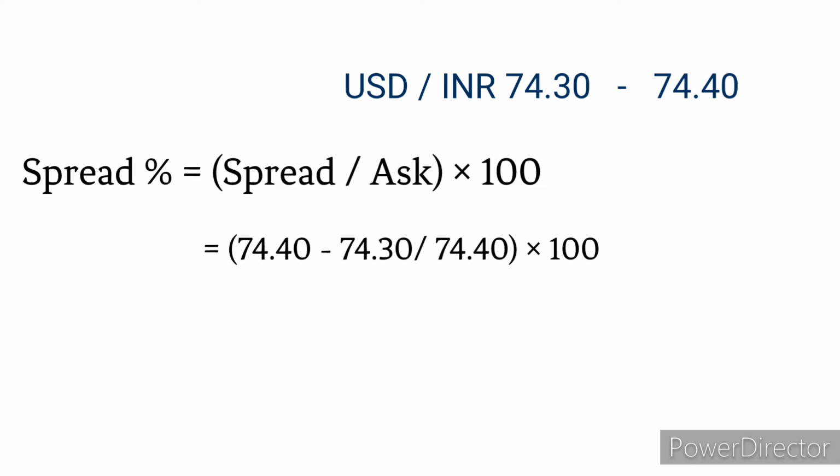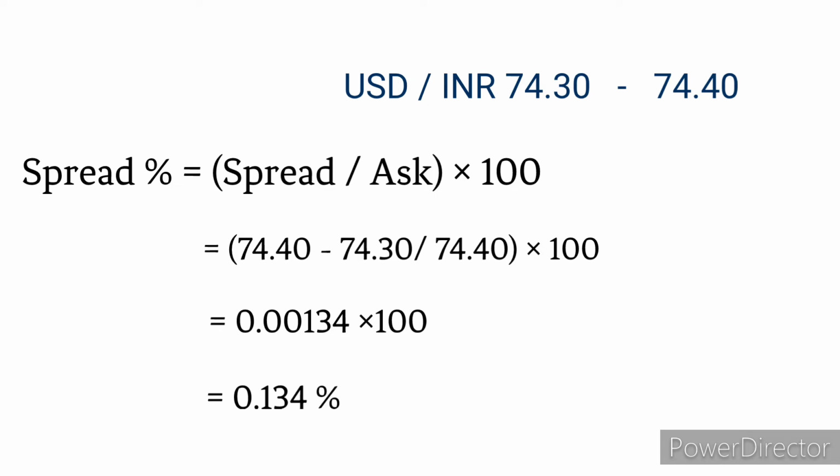So after putting the values, you will get the answer 0.00134 into 100. So the final answer will be 0.134. Whatever number is there, you can write 4 digits, 5 digits, and carry forward an accurate answer.